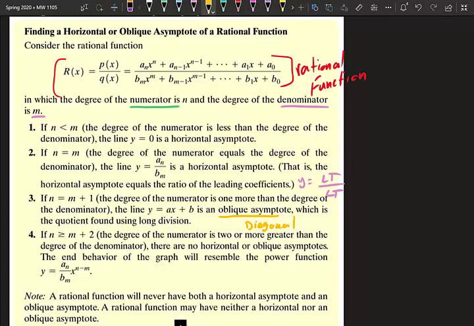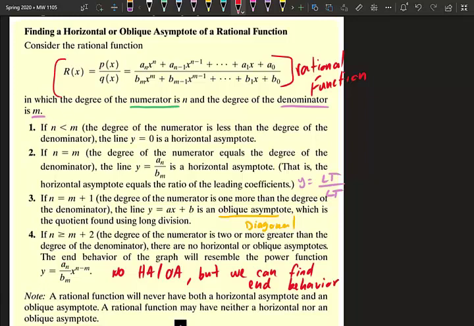So to find the end behavior, for this one, we have no horizontal asymptote or oblique asymptote. But we can find end behavior. And that's what asymptotes do.